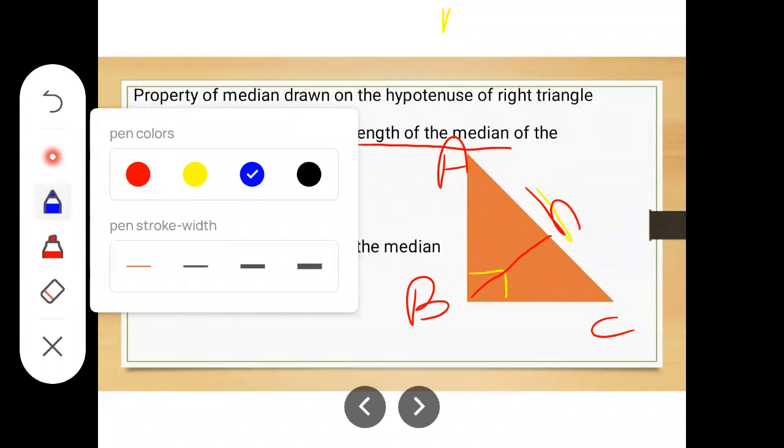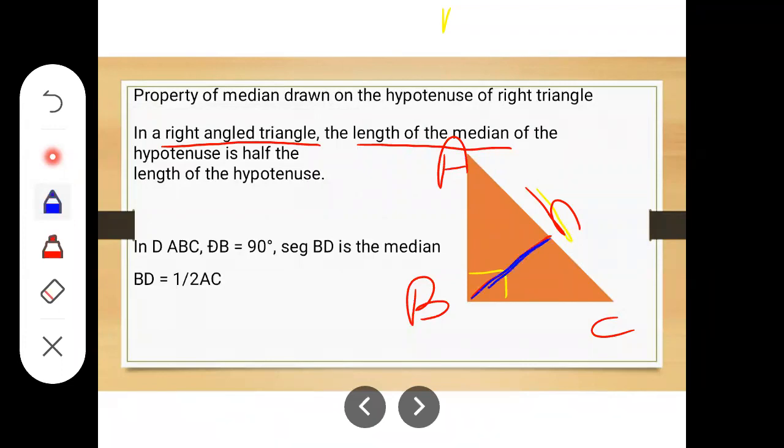Here I have drawn the median and marked the point as D. Suppose this point is D.